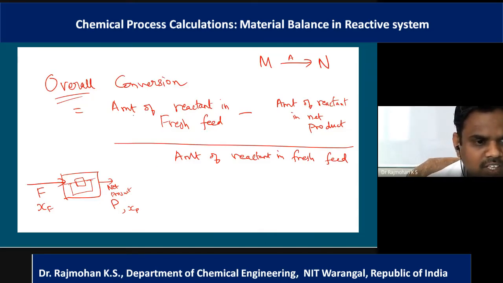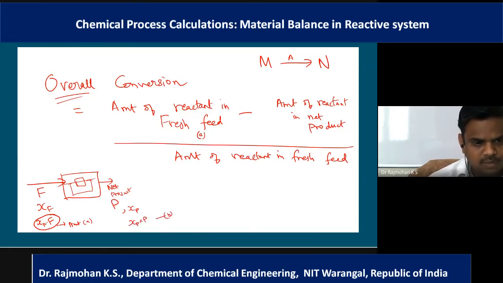The amount of reactant in the fresh feed is equal to XF into F. Let this be A. And what is the amount of reactant M in the net product? It is XP into P. Okay, this is nothing but B here.